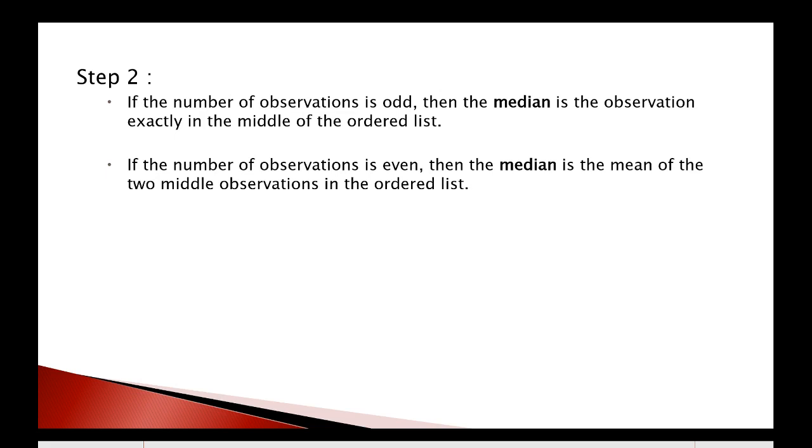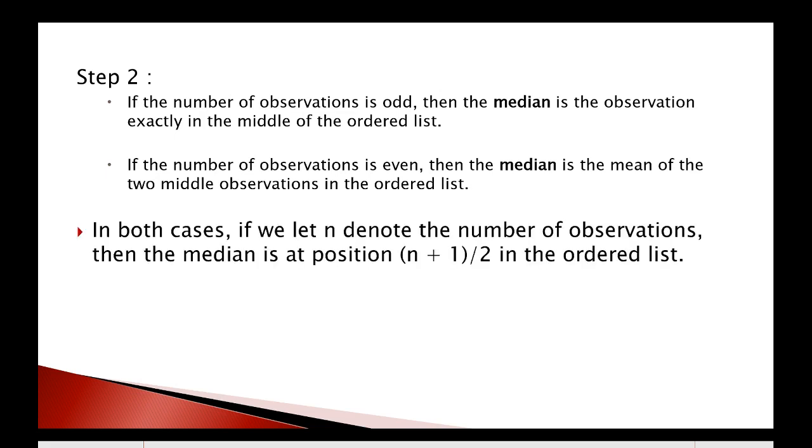But if the number of observations is even, then there's no actual value in the middle. Instead, there are two values that are in the middle of the dataset. So in that case, median is defined as the average of those two observations in the dataset. Let's look at this with an example.